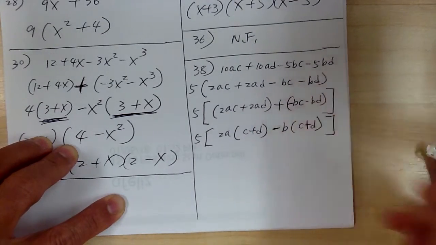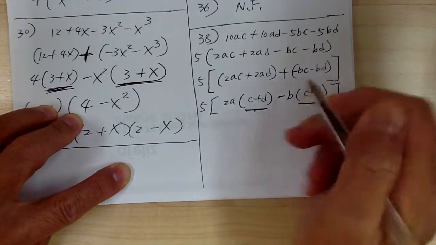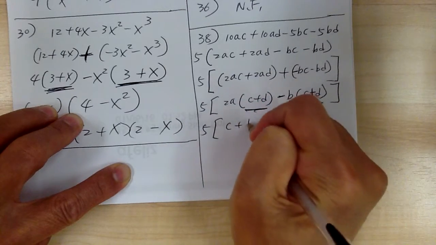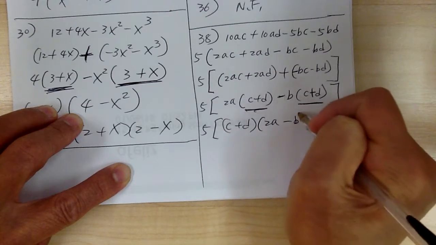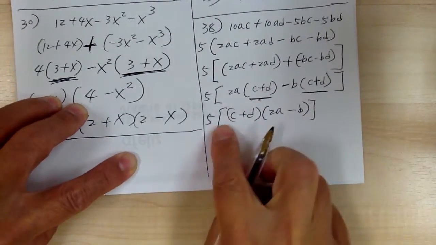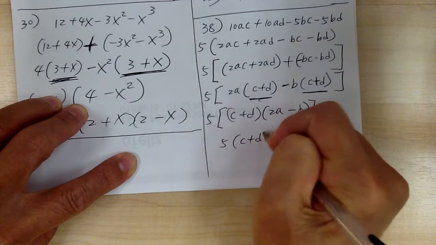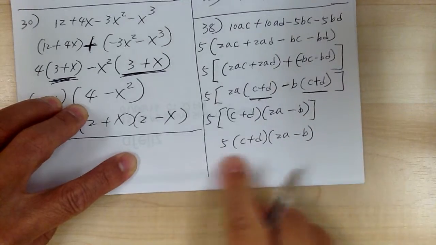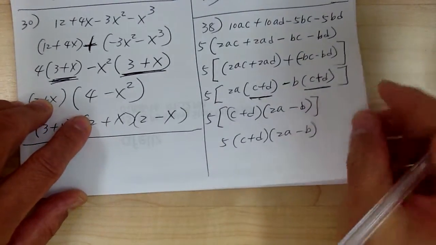Now you have c plus d, so I factor that out, and the leftover will be 2a minus b. Now you can drop the bracket, you don't need it. The bracket is just there temporarily to help keep this on track. Okay, let's go to number 40.